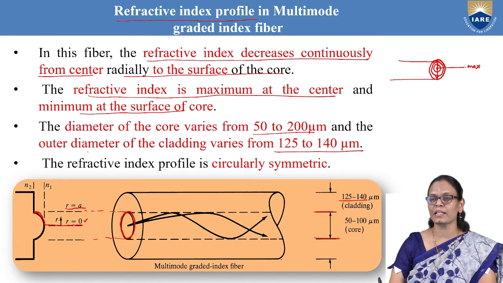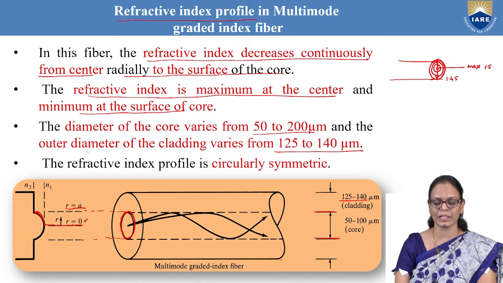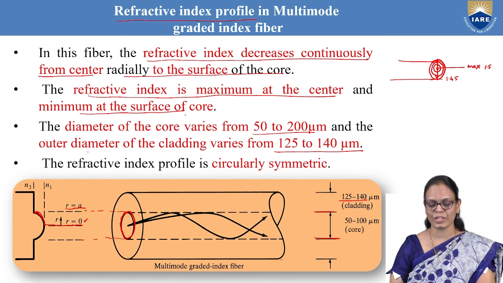So at the center, it is maximum. Say we have taken 1.5. So gradually it will decrease from 1.5 to 1.49, 1.48, 1.47, and so on. By the time it comes here, it may come to 1.45. So gradually the refractive index decreases. So it is maximum at the center and minimum at the surface of the core.